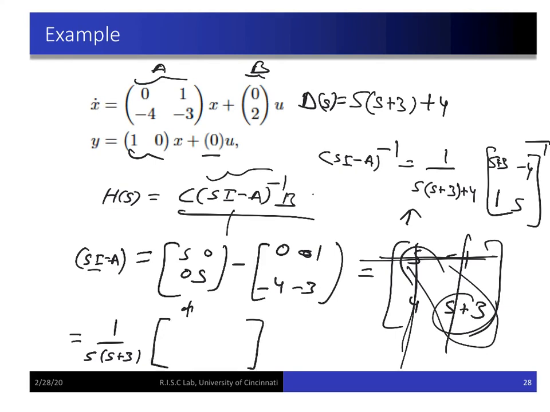So if we take the transpose of this matrix, it will be S plus 3, 1, minus 4, S, right? So this is the inverse of the matrix, SI minus A inverse, right?